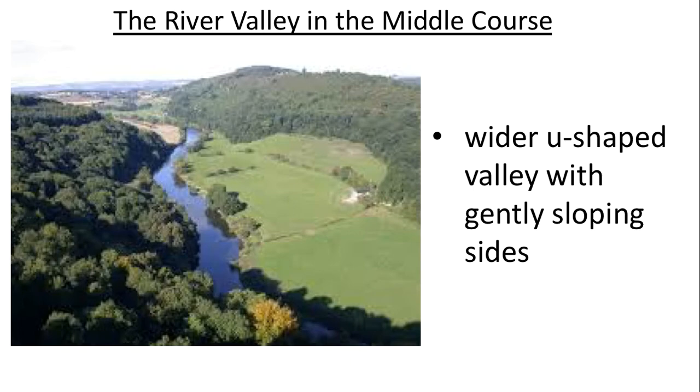So it's not gravity that's pulling it down, so it's not got as much vertical erosion. But it has got a lot more energy. It's got a higher velocity, it's flowing faster, that channel's wider, it's smoother, so there's less friction, so the water's travelling faster. Because there is a higher velocity and the river's got more energy, it can erode laterally, it can erode sideways. And that is why we get the wider river channel and also the wider river valley.